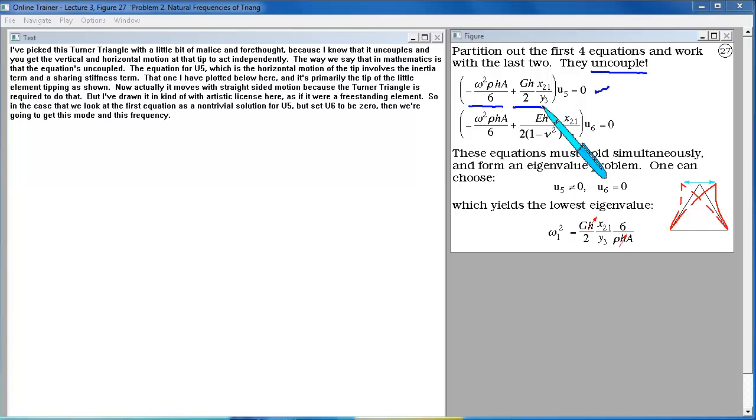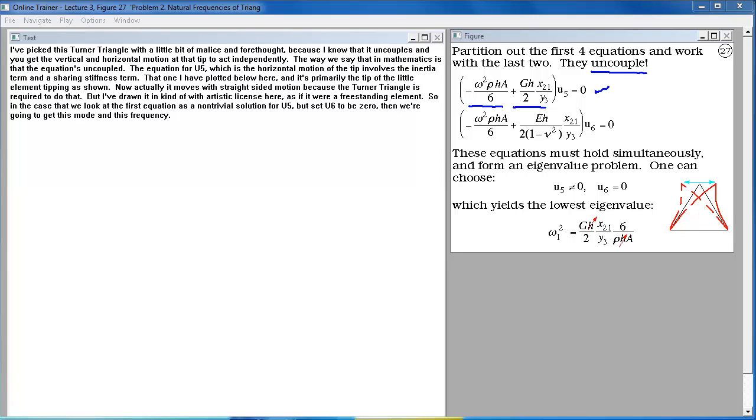That one I have plotted below here, and it's primarily the tip of the little element tipping as shown. Now actually it moves with straight-sided motion because the Turner triangle is required to do that, but I've drawn it in kind of with artistic license here as if it were a freestanding element.